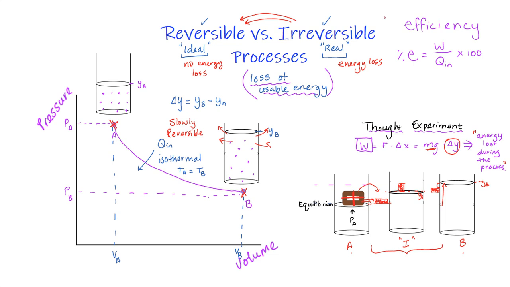So what you're doing as an engineer, if you think about this, is you are trying to make a more efficient engine, and the way you do that is by making each of the processes in the engine more reversible but still practical. So basically what we need to do is find ways to expand and compress the gas in the cylinder with as little energy loss as possible to make the overall process as efficient as possible.